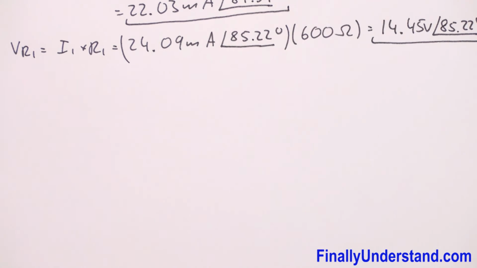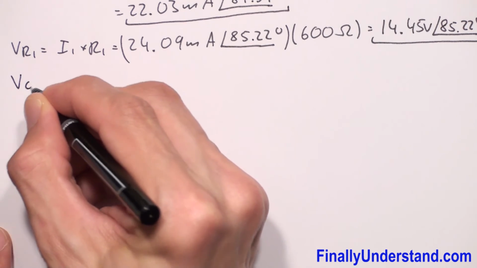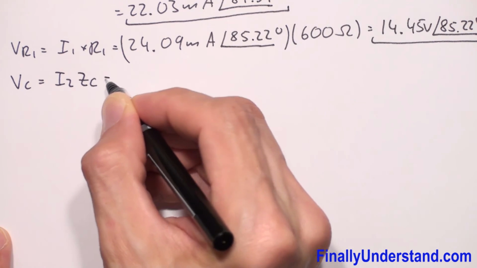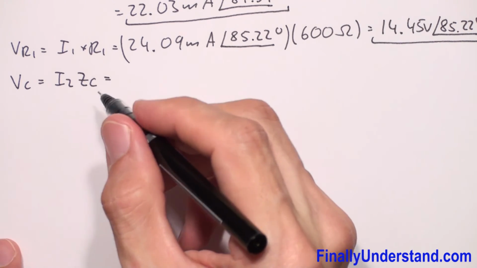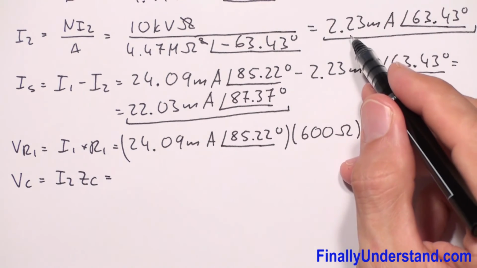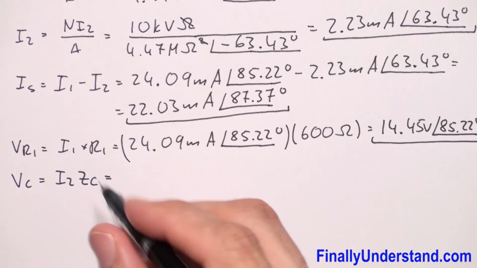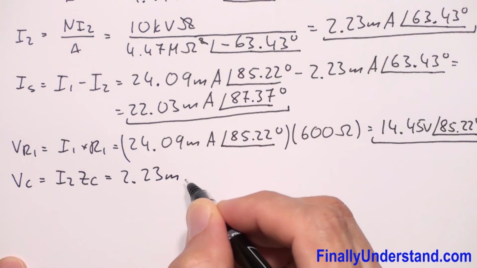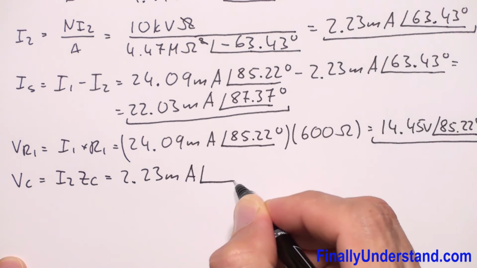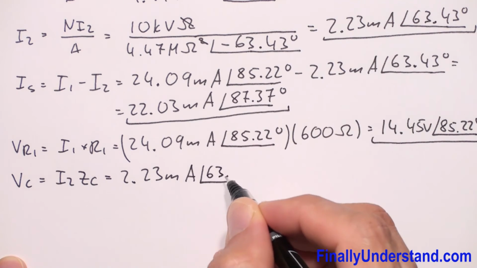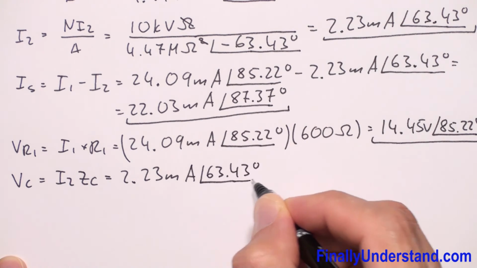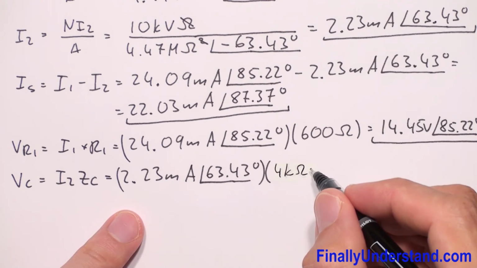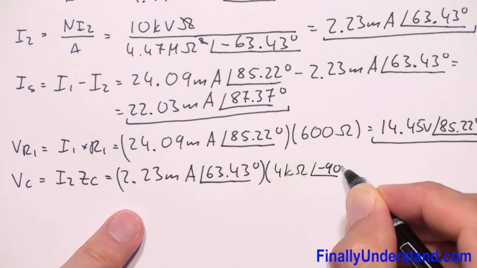If I want to find VC, it is equal to I2 times Z of C, where I2 we found is equal to 2.23 milliamps and angle of 63.43 degrees, times 4 kilo ohms and angle of negative 90 degrees.